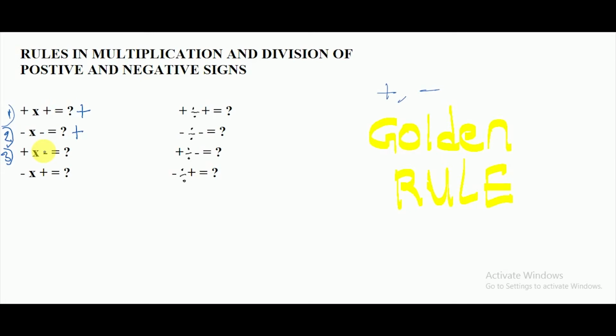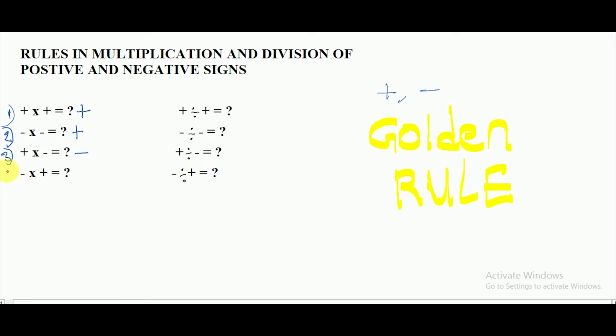Now at this point, plus times minus will give us minus. Why? Two different signs, they are not the same, so it shouldn't give us a positive sign, it gives a negative sign. If it was minus times minus, which is plus, we've seen it here, because there are two identical signs multiplying themselves, giving us positive.